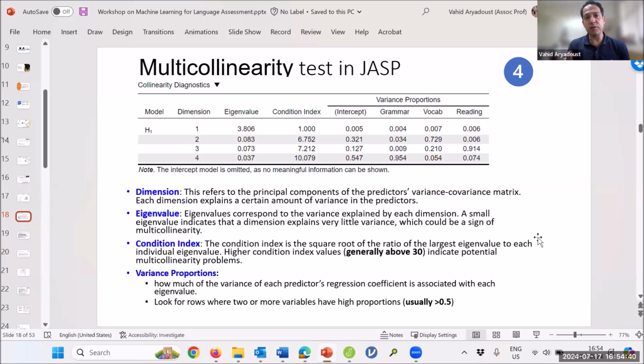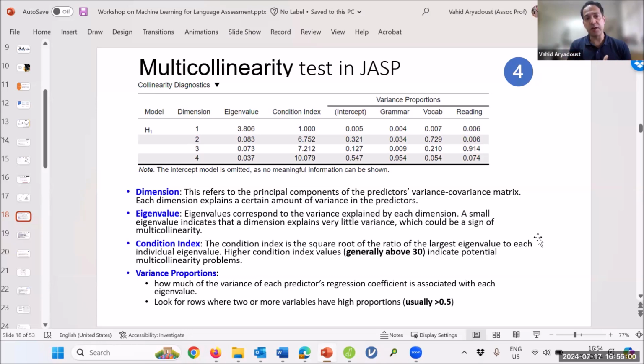So how do we read this table? I don't know if you are familiar with principal component analysis. We don't want to get into details of principal component analysis, but in such an analysis, you divide your data into several dimensions, dimension 1 all the way to 4.